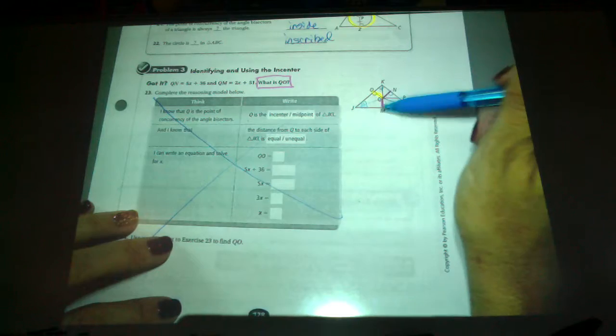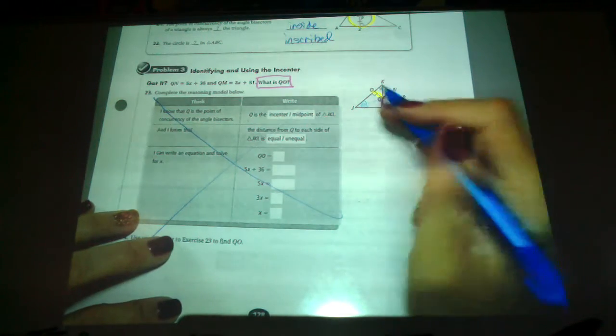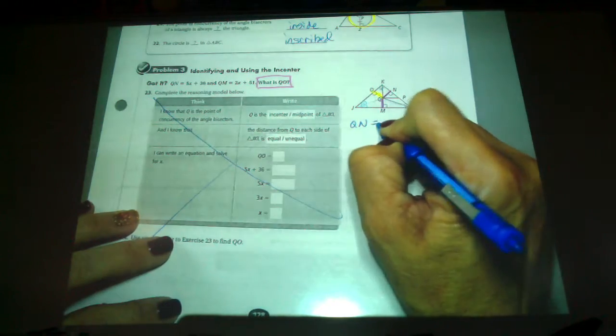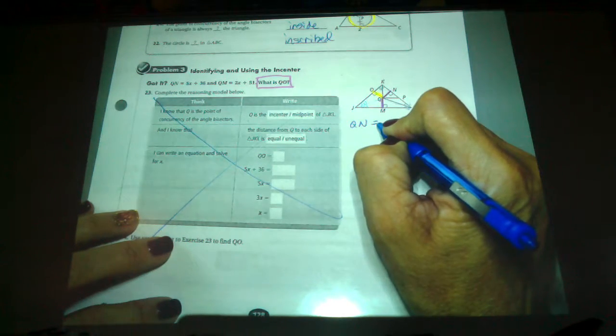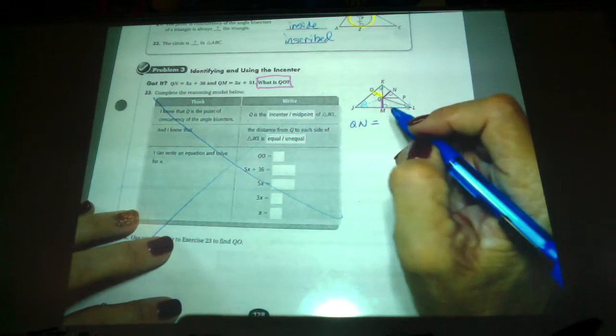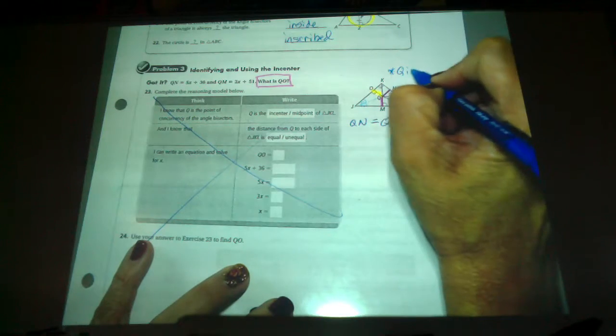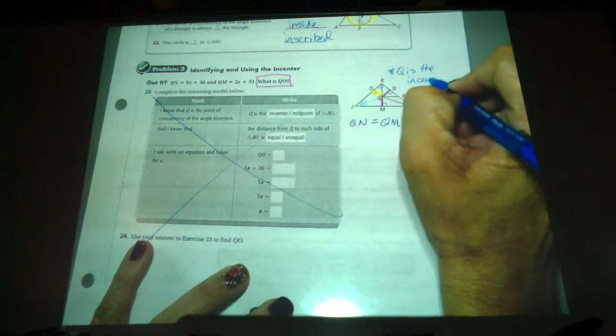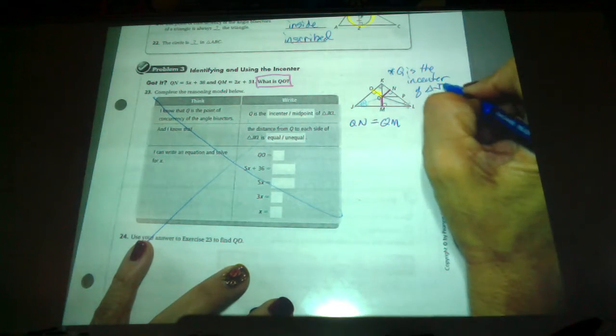Now, you were already told that these are equal, so can't I take QN and set it exactly equal to QM? I can make an educated guess that those are equal based on the fact that Q is the incenter. So you might want to put here, Q is the incenter of triangle JKL.